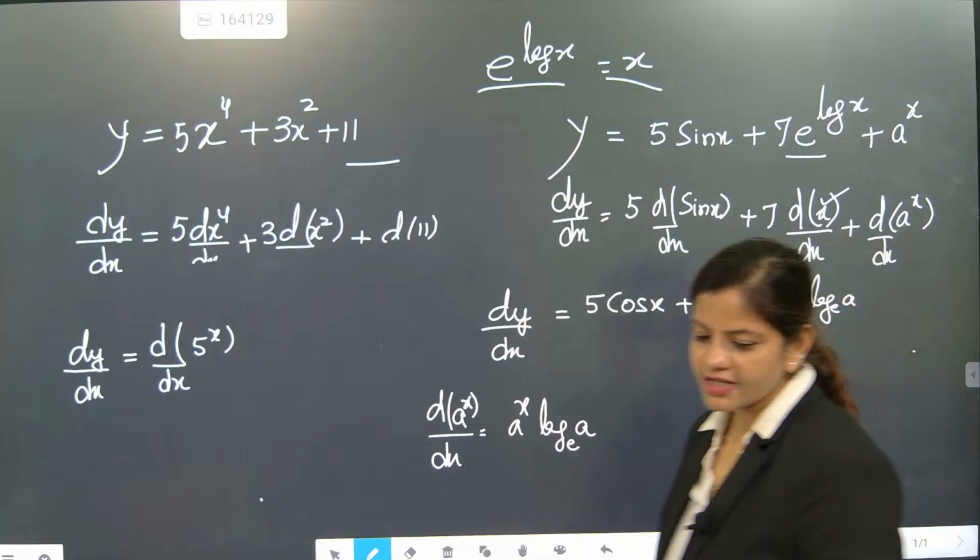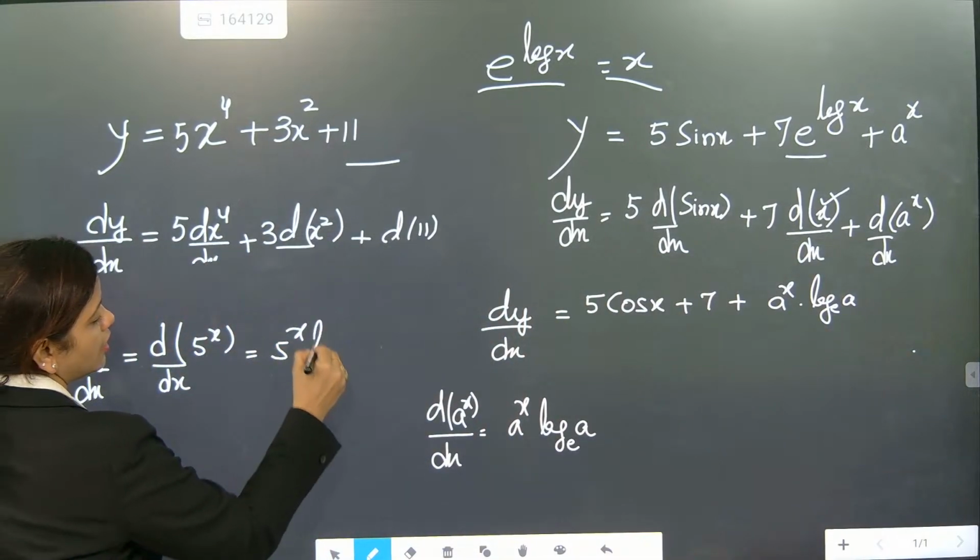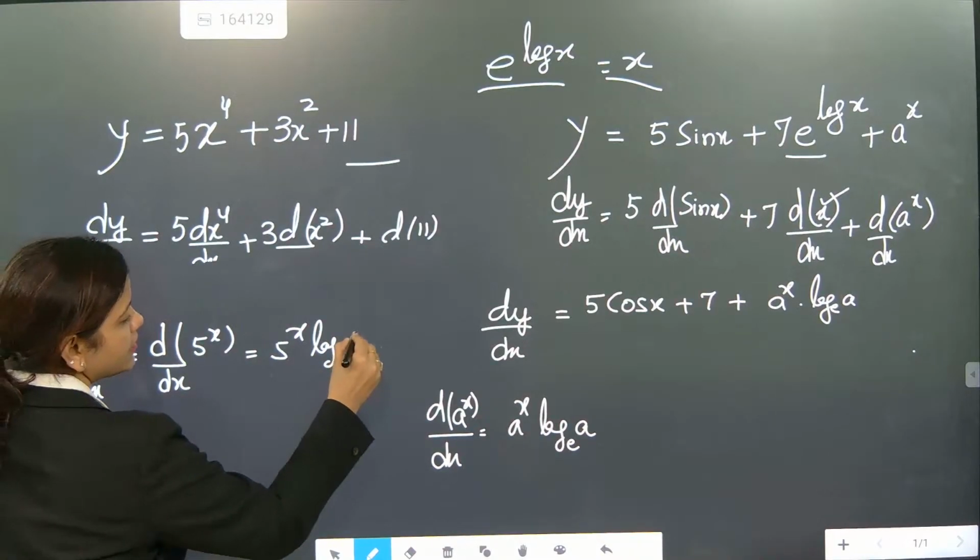What is the answer? Absolutely correct. So it will become 5 to the power x log base e 5.